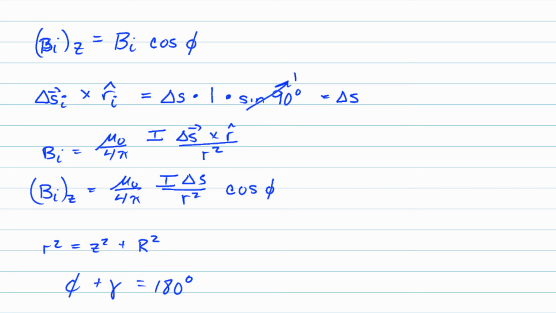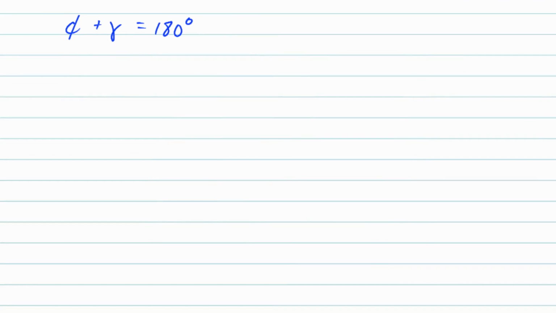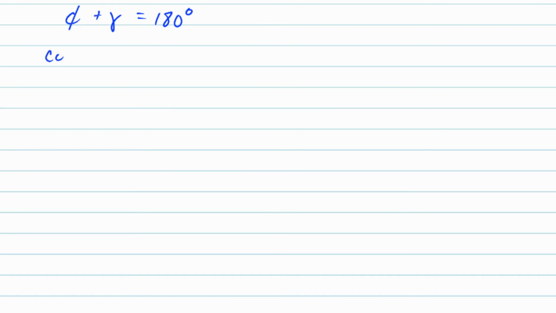Phi is also the angle between the r hat vector and the radius r of the loop. So we can also write that cosine phi is equal to capital R, the radius of the loop, divided by r, the distance from the current segment to the point that we're evaluating, which we can now rewrite in terms of z and capital R.